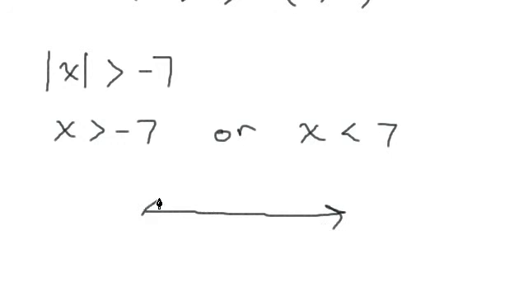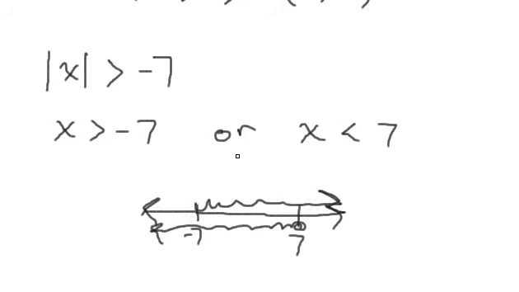And as you can see, if I put negative 7 here and 7 here, x is greater than negative 7, so everything to the right. x is less than 7, everything to the left. But because we're using or, that means everything from negative infinity to positive infinity.